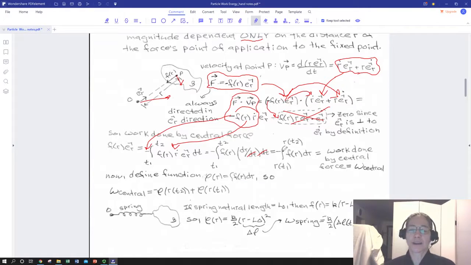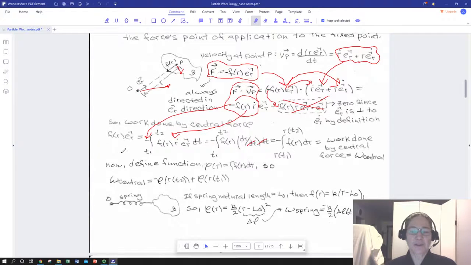We can say that the work done by this central force, like a spring, is going to be the integral from the position at time 1 to the position at time 2 of whatever the function of radius, or distance between the origin and our point of application, with respect to position. So that definitely should be looking familiar. If this were a spring, this F sub r would be replaced with k delta L, where delta L was the stretch, or the two positions of the endpoints of the spring at one time and another.